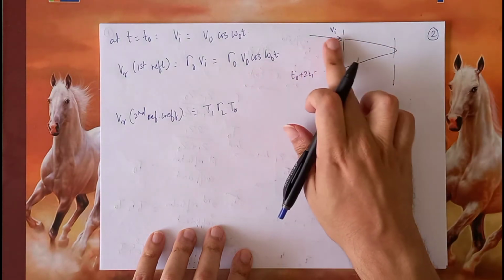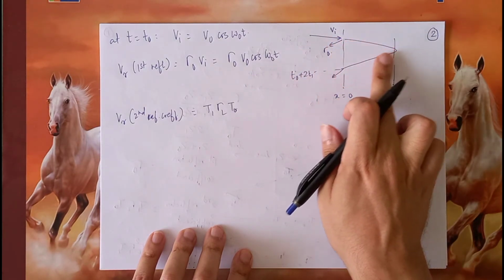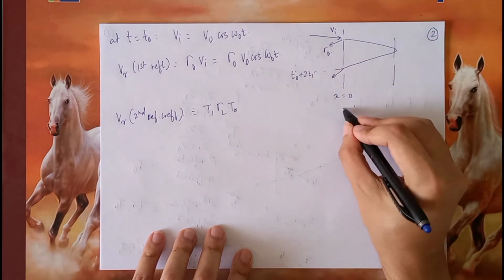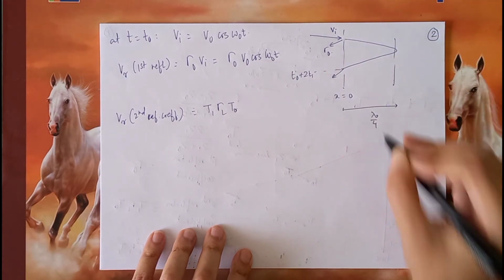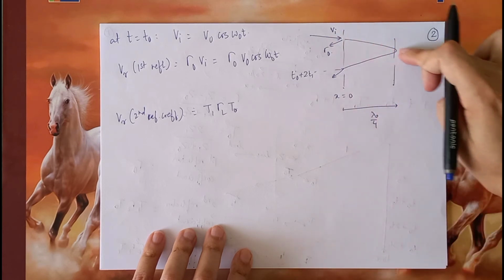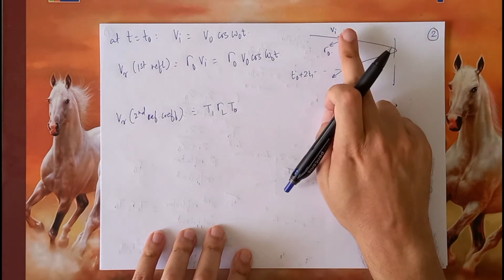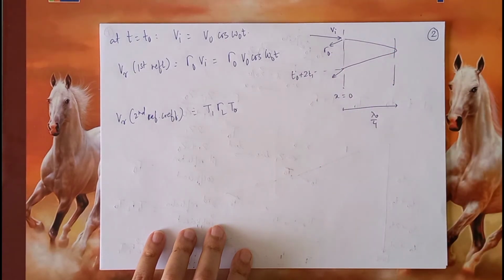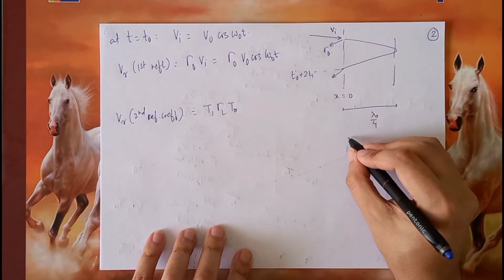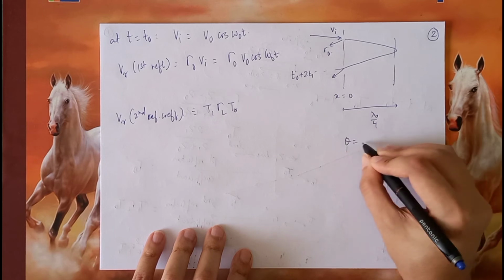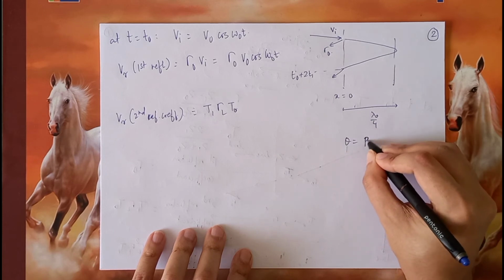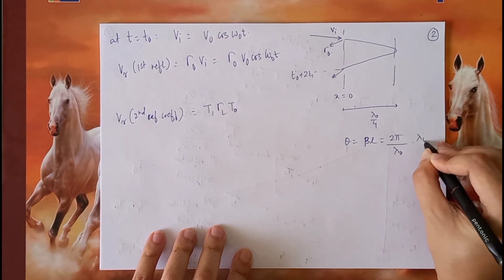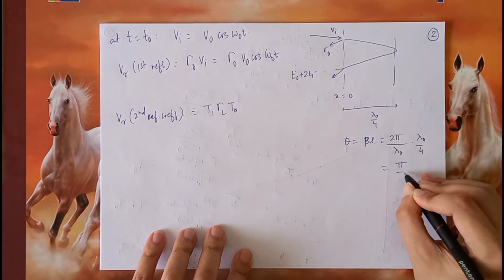So if the wave goes from here to here, I said that the length is lambda 0 by 4. That means every time it travels from this point to this point, each way the phase shift theta is beta L, that is 2 pi by lambda 0 into lambda 0 by 4, which is pi by 2.